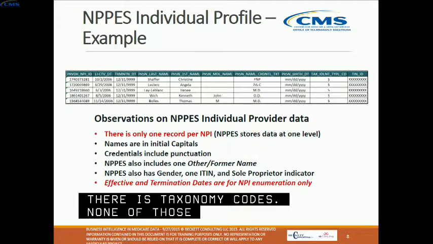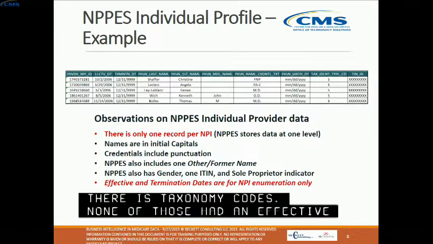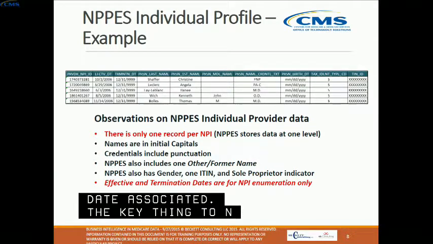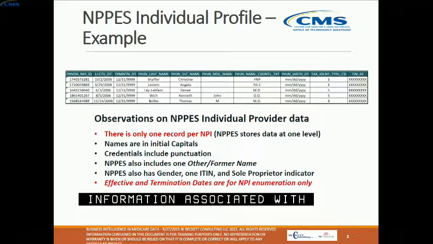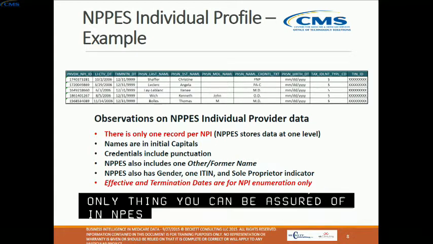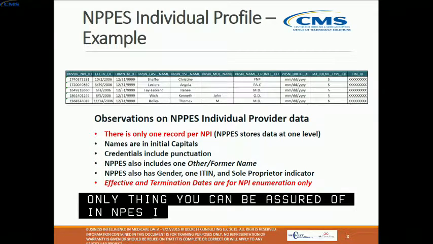So the key thing to note about NPES is if you want to know the information associated with a provider at a point in time, the only thing you can be assured of in NPES is that what is shown in terms of the effective dates is only related to the NPI.